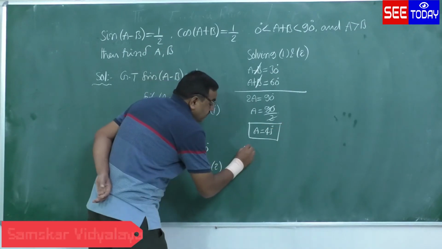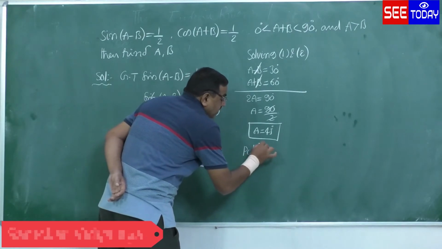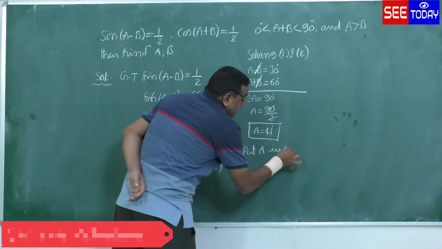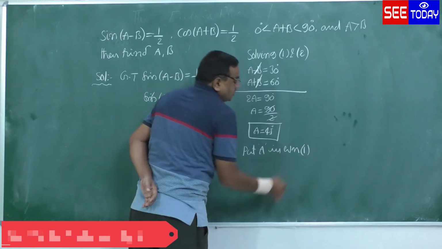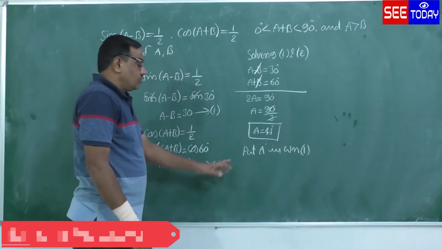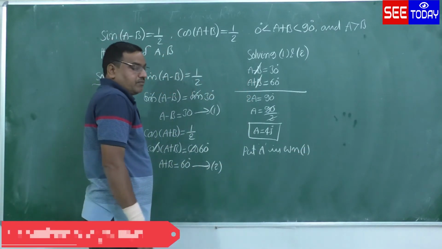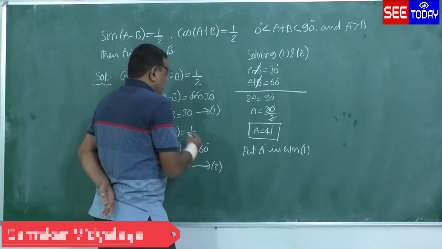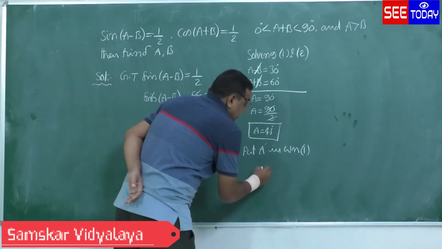Put A in either equation 1 or 2 as you wish. Let me put A in equation 1. What is equation 1? A minus B is equal to 30 degrees.